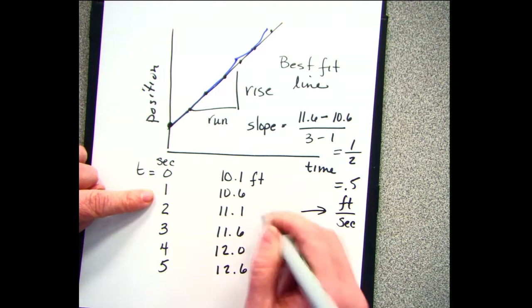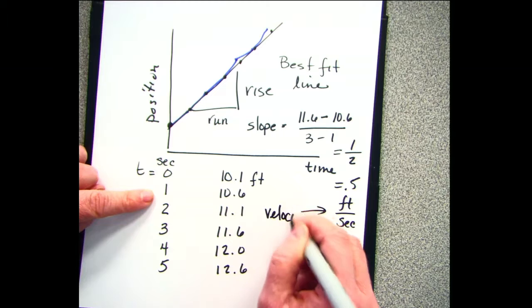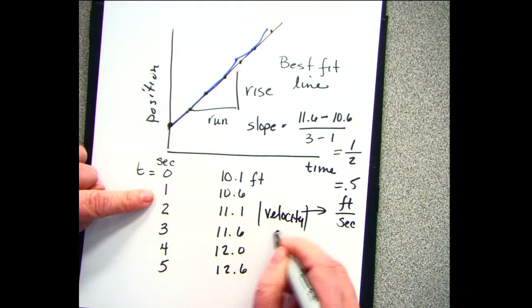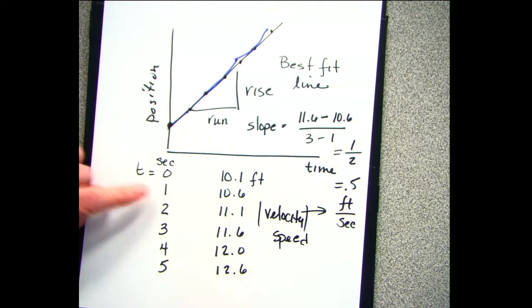And now I have a velocity, or the magnitude of a velocity, or speed. Now, if it's a straight line, that tells me I'm traveling at a constant velocity. Okay? It tells me I'm traveling at a constant velocity, so I can actually pull that information back together.